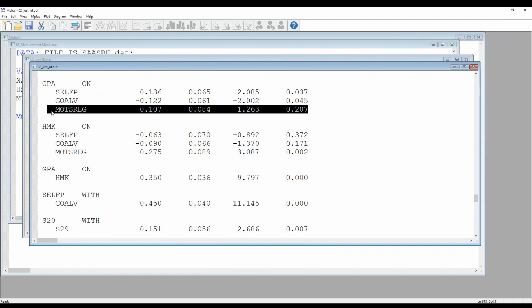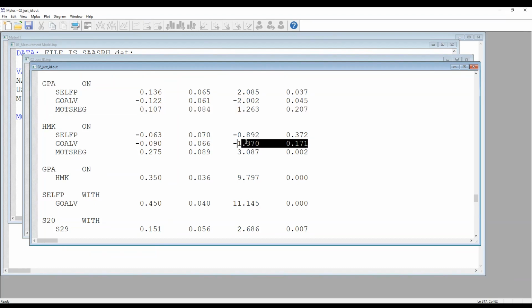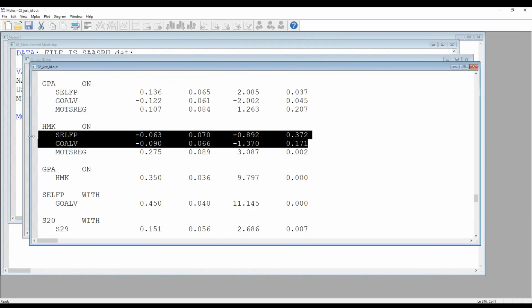The other 2, am I right? That it was academic self-perceptions and goal evaluation to homework after controlling for motivation. I'm sure I'm right about that, actually. Yeah, it's these 2. So the other 2 conceptually omitted paths that we didn't think we needed were homework regressed on self-perceptions and homework regressed on goal evaluation.